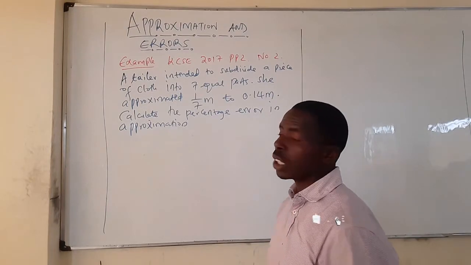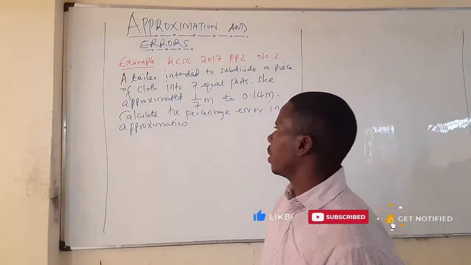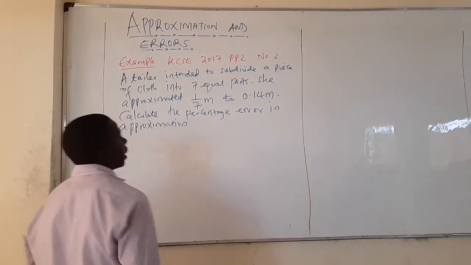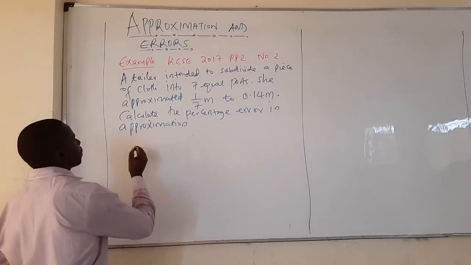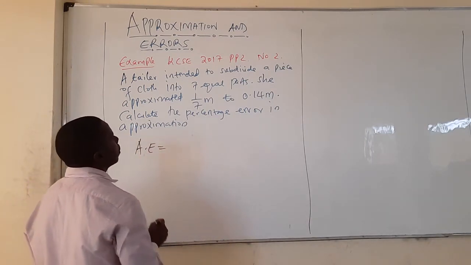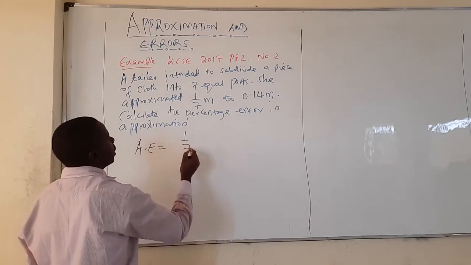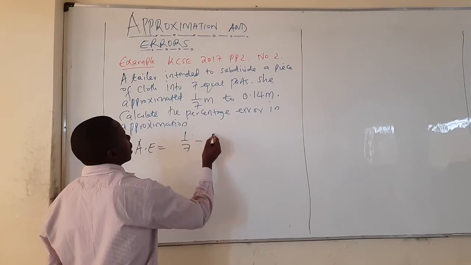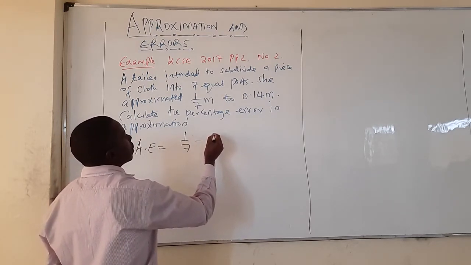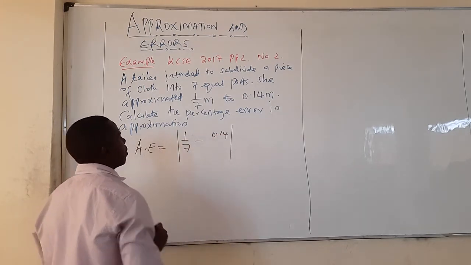Calculate the percentage error in the approximation. So the first thing here is to get the absolute error, and the absolute error is going to be given by the actual value 1/7 minus the approximated value of 0.14, and we get the absolute value of that.